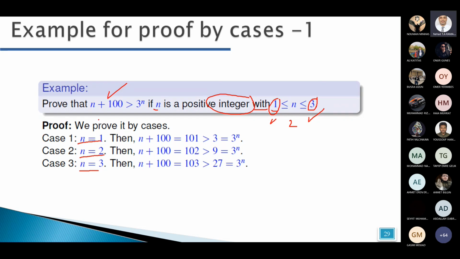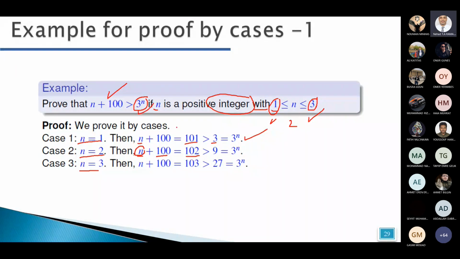When n equals 1, we have 100 plus 1, and this is 3 to power 1, which is 3. So 100 plus 1 is more than 3. Okay, so we proved the first case. Second case, same issue. We start with n plus 100, and now n is 2, so it's 102.